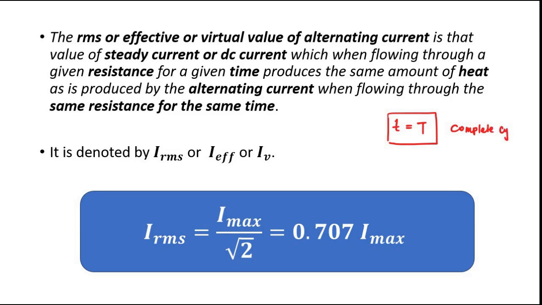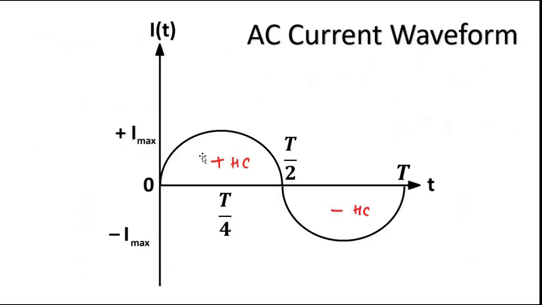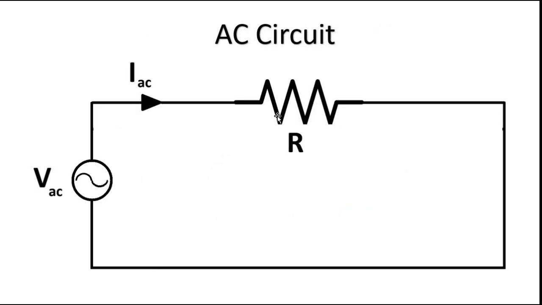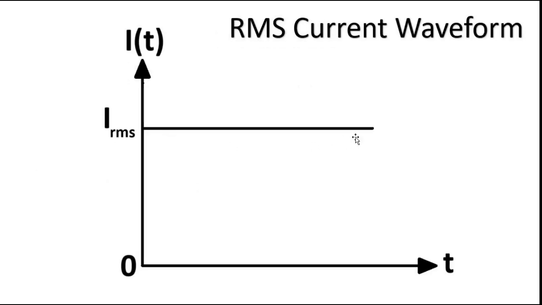So what we understand from this definition is that, suppose we apply this alternating current for its entire cycle from 0 to t. If we apply this alternating current to this circuit, then the amount of heat produced in the resistor will be the same as for this DC signal of RMS value IRMS.